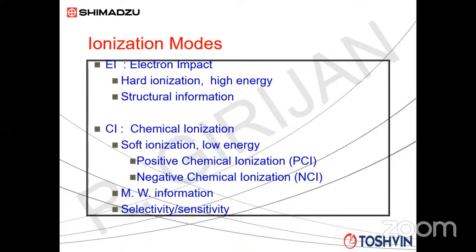It is quite a useful technique, especially in food analysis, food chemistry. There are so many different halogen containing pesticides present in our food products, and they are all present at extremely trace level. And then we employ negative chemical ionization to identify and quantify those types of compounds, but it may not be very widely used in pharmaceutical. But in food industry or food analysis, food chemistry applications, NCI is very, very widely used.